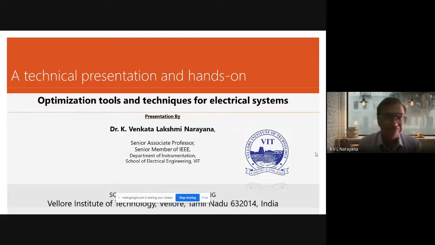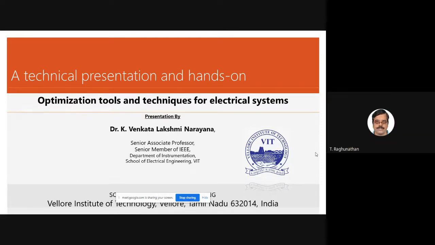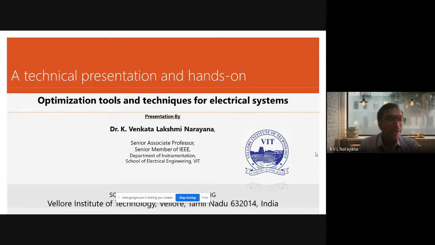Coming to the presentation, the main purpose of this technical presentation and hands-on on optimization tools and techniques for electrical systems is to familiarize you with the basic concepts of optimization algorithms in power systems and help you understand the potential of optimization in power systems.